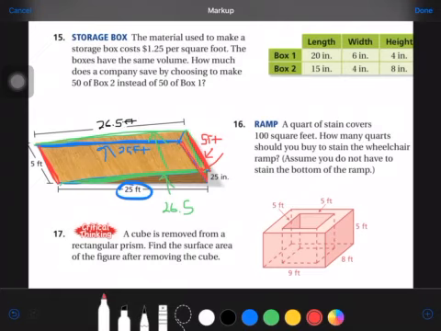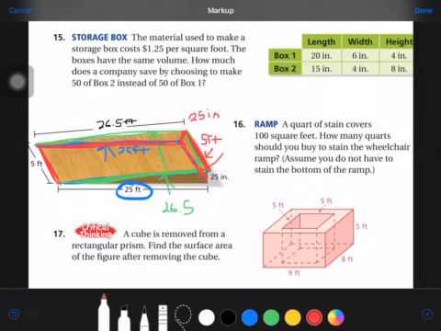Okay, now I'm going to do one of these panels and then I'm going to have you find the area of the whole thing. So let's look at this one. Here we've got 25 times what? What does this measure? Okay, so this measures 25 inches.